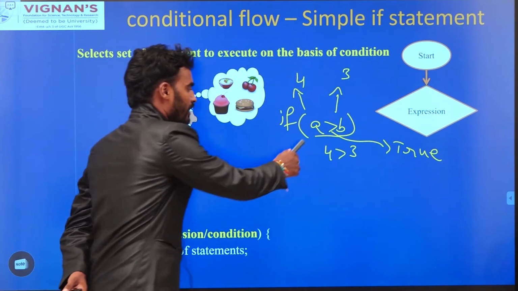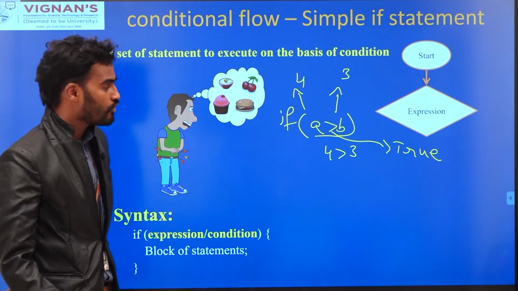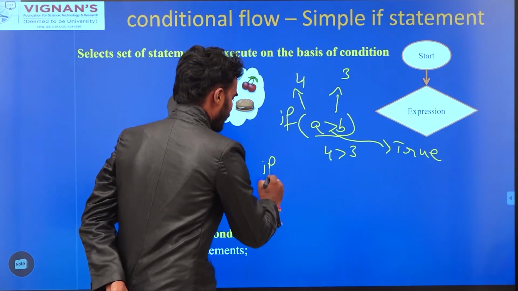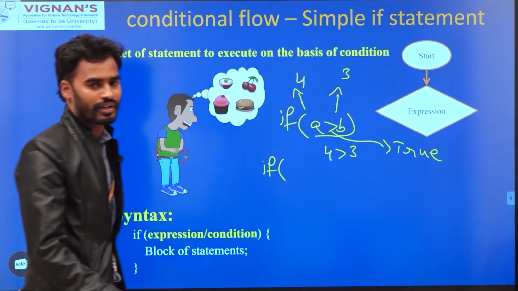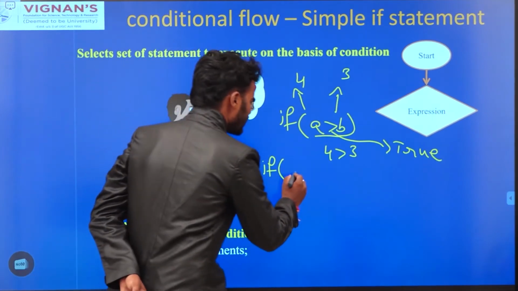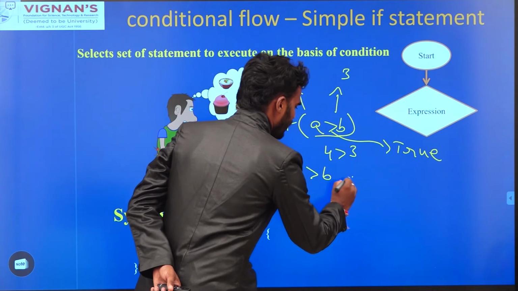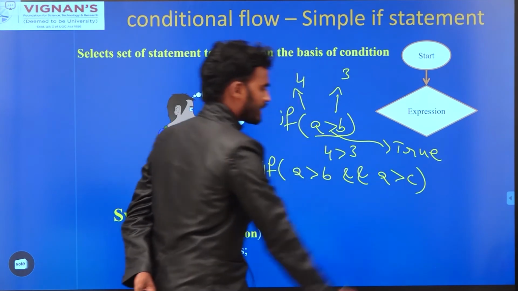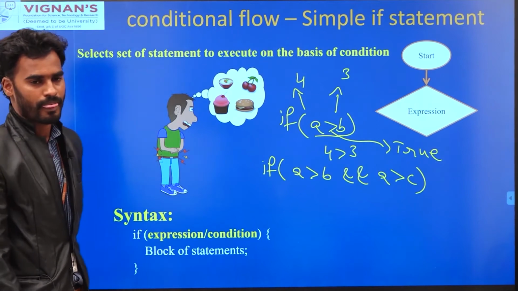This is an example of a conditional expression. If you want, you can use a composite expression also. It is an expression which has more than one condition. Let us say A is greater than B and A is greater than C. This is an example of a composite expression.